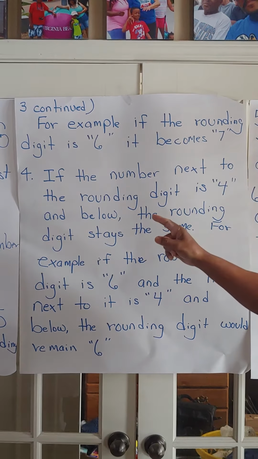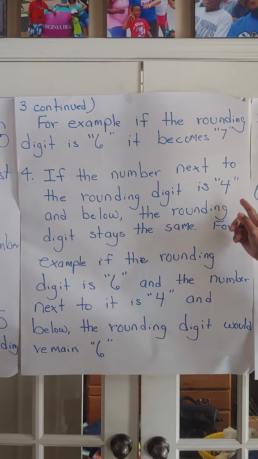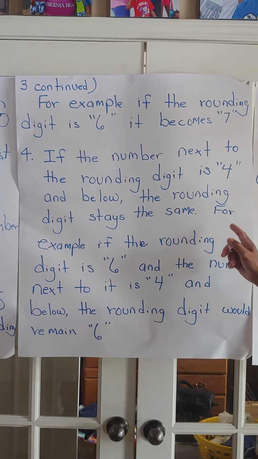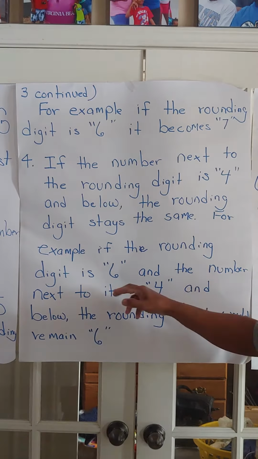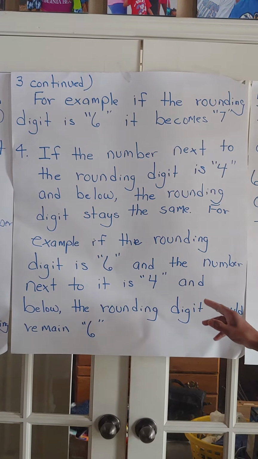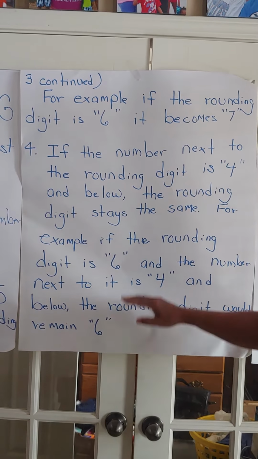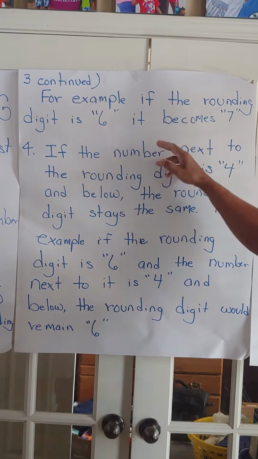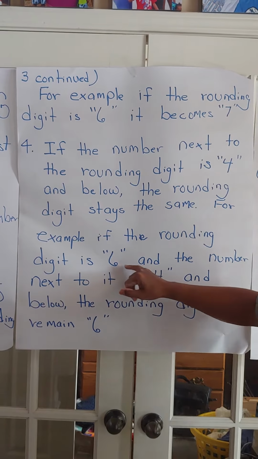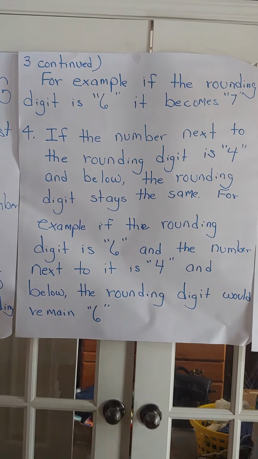Number 4 says, if the number next to the rounding digit is 4 and below, the rounding digit stays the same. For example, if the rounding digit is 6 and the number next to it is 4 and below, the rounding digit would remain 6. What you notice up here, the number next to the digit was 5 and above, so it went to 7. Here it was 4 and below, and so the rounding digit stays at 6.